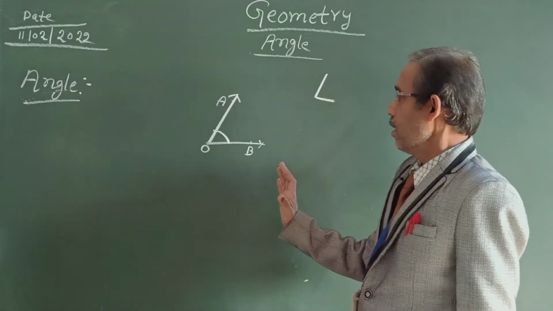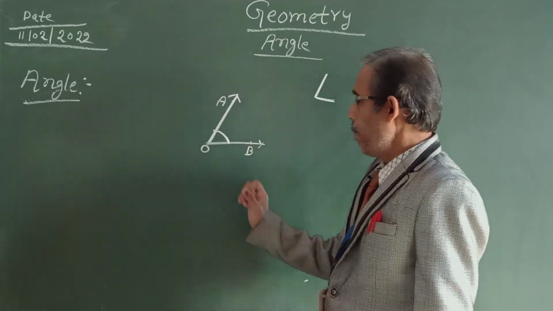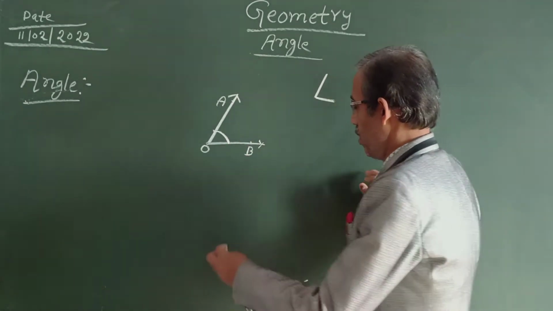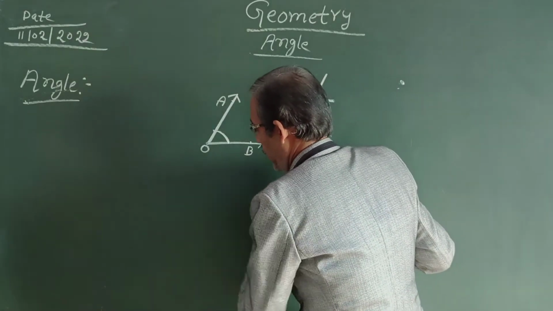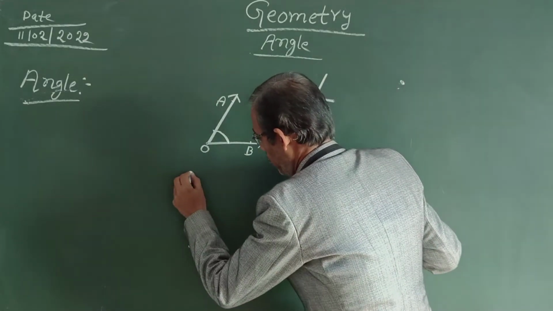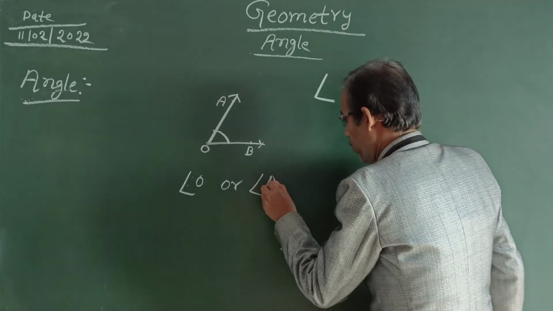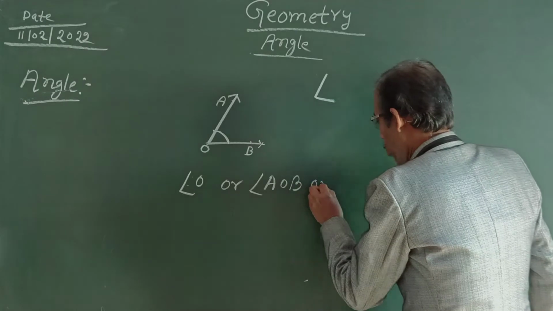An angle can be written in three ways. From the figure, it can be written simply as angle O, or angle AOB, or angle BOA.